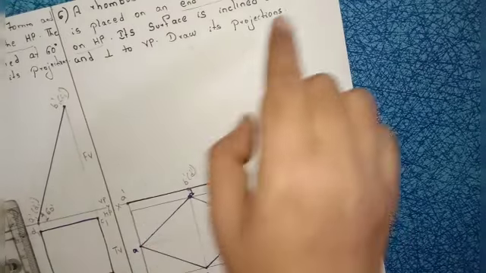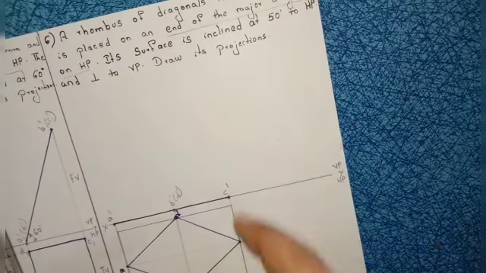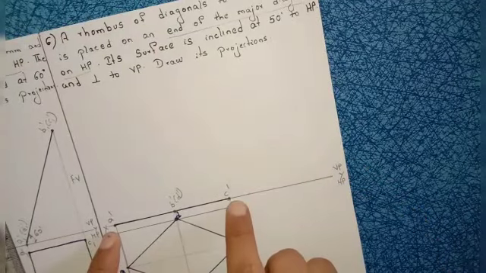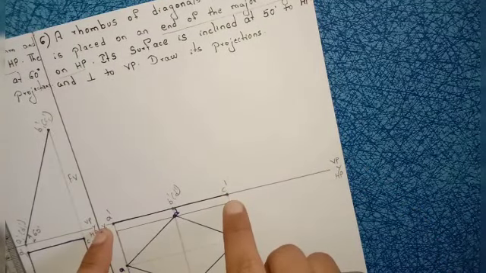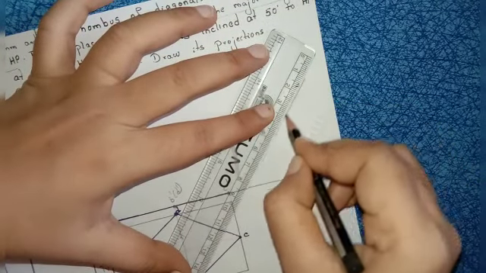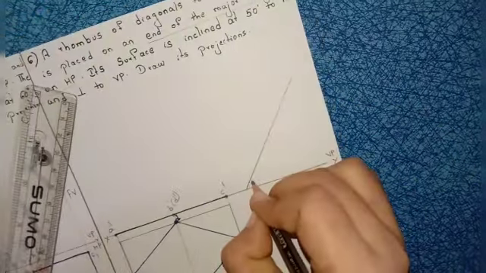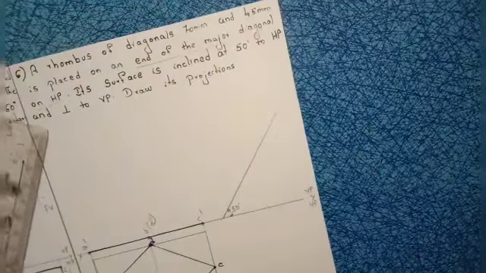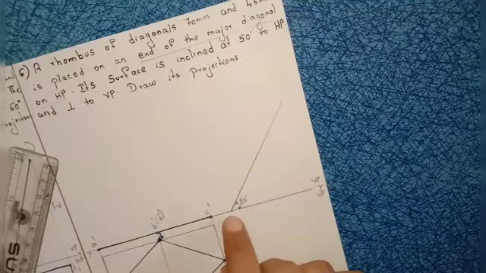After that, the angle is how much? 50 degrees to HP. To HP means I have to construct here. So length will be how much? Measure from A to C. Measure this distance and draw here with an angle of 50 degrees. Leave some gap here, mark the point.